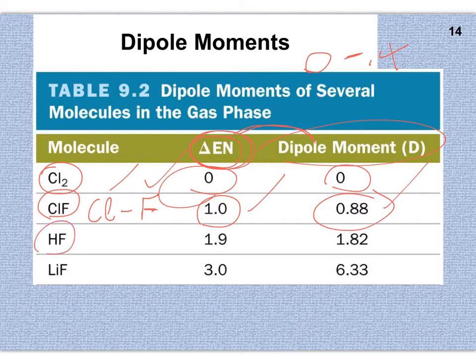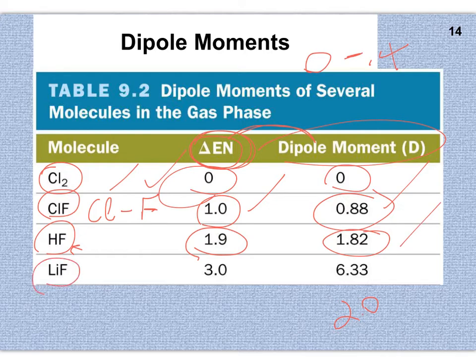Hydrogen fluoride, very polar bond. The difference in electronegativity between hydrogen and fluorine is quite high, 1.9. Not quite high enough to be called ionic, which is an electronegativity of 2 or higher, but really close. So, of course, its dipole moment is quite large.